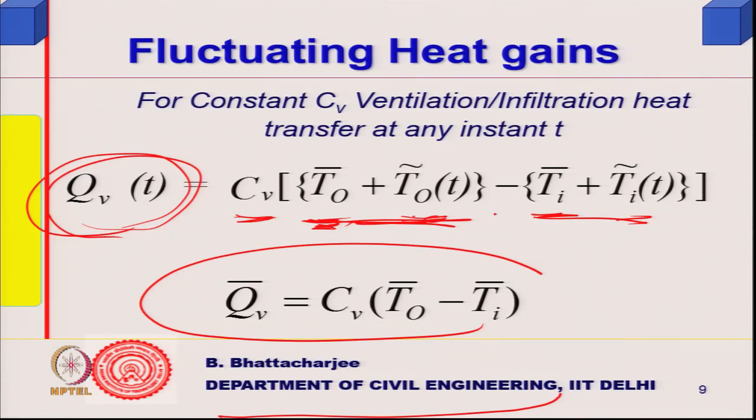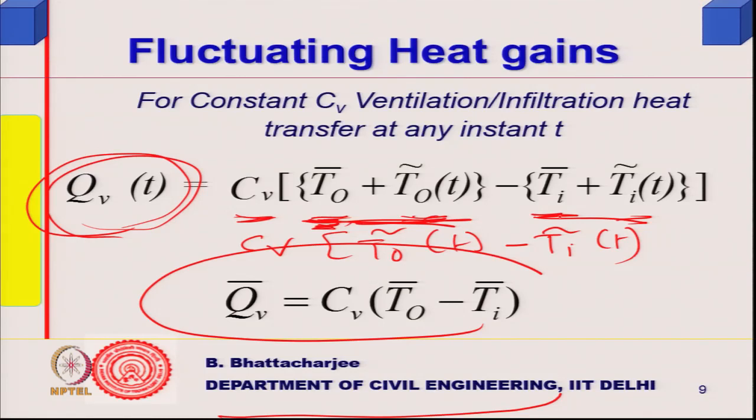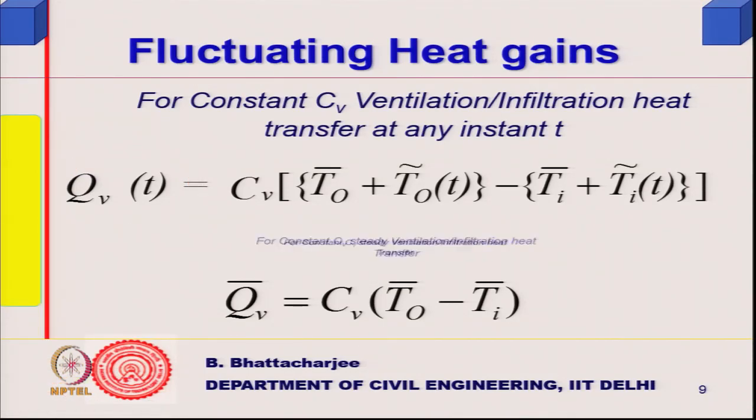This we have not taken into account: CV into TO swing T minus TI swing T. So, the heat gain due to ventilation has to be taken into account in this manner.